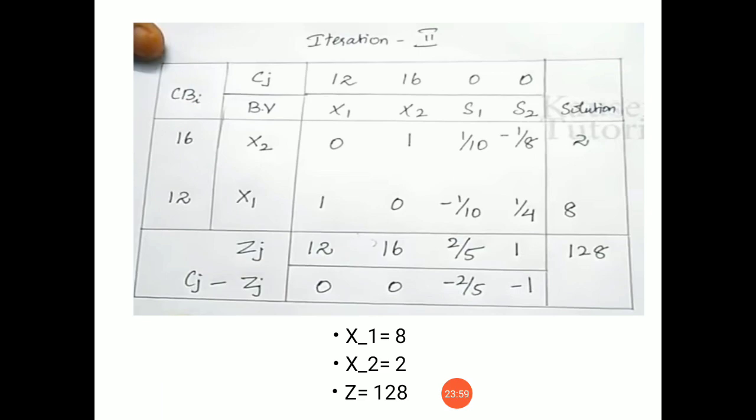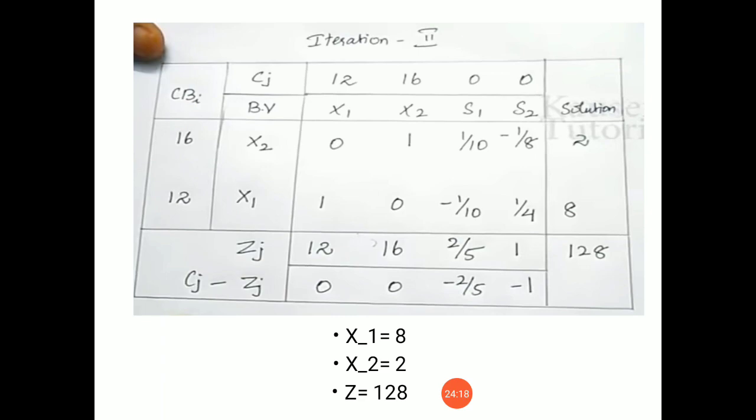For the third element, Cj is 0 and Zj is 2 by 5, so 0 minus 2 by 5 is minus 2 by 5. Similarly, the fourth element is 0 minus 1, which is minus 1.